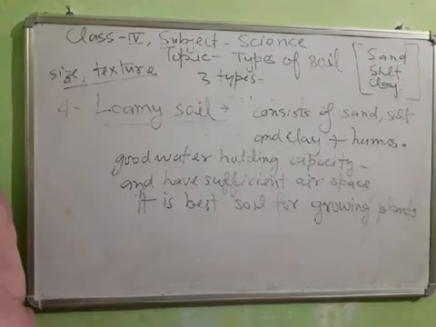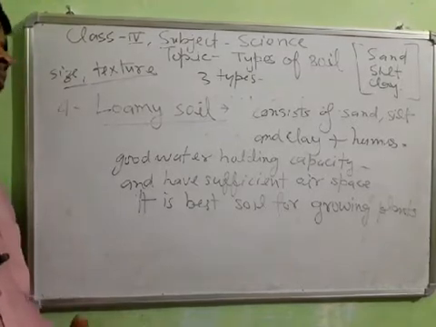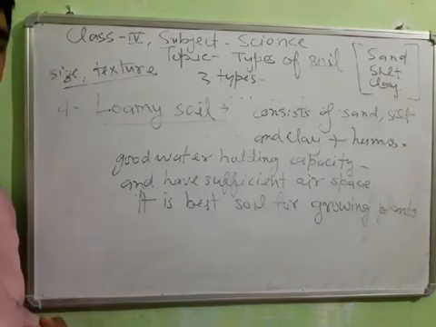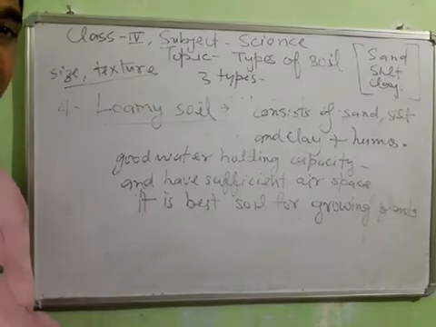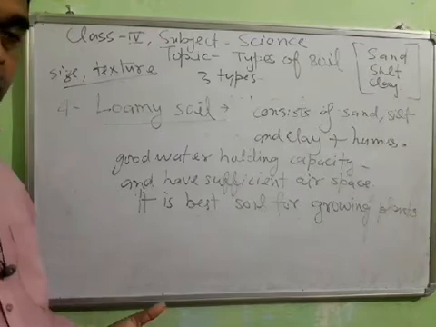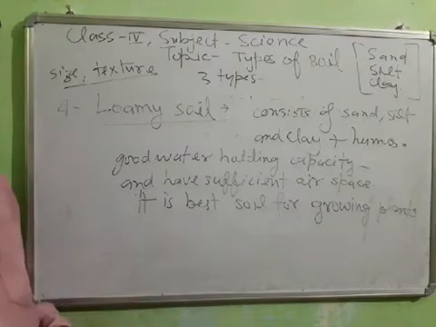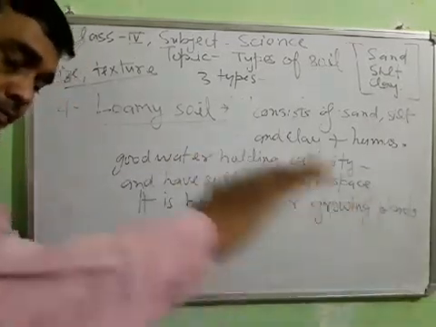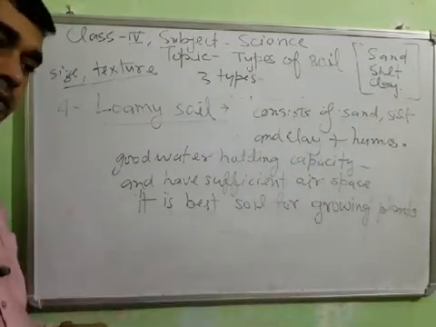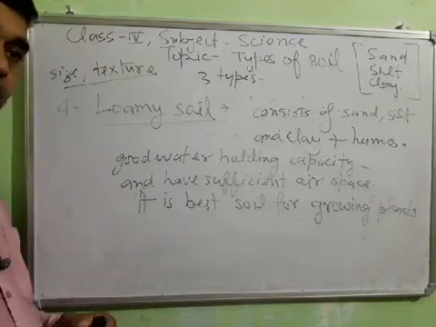Now I am going to explain the next topic. What is soil profile? Means what is the layer of soil? Soil forms different layers beneath the upper surface of the earth.